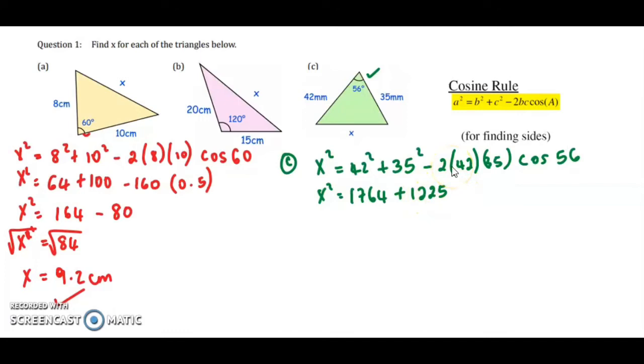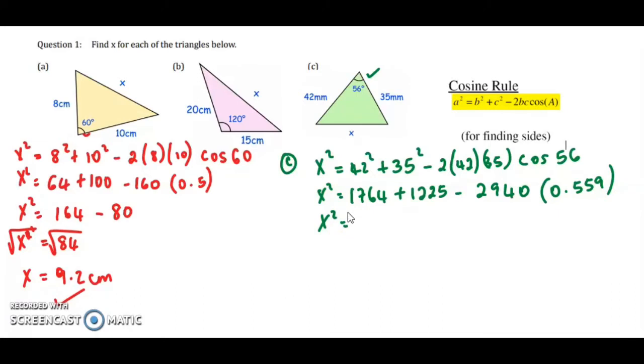So now you're going to multiply negative 2 times 42 times 35, and that is negative 2,940. So the cos 56, you're going to calculate that. And we normally write it in 3 decimal places, and that is 0.559. We're going to continue as we go along with our calculation.